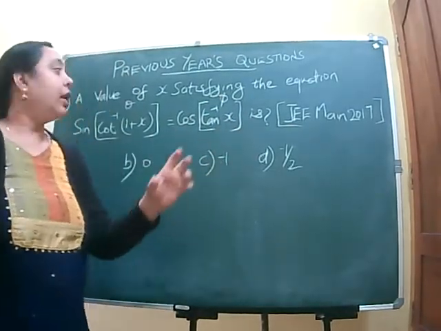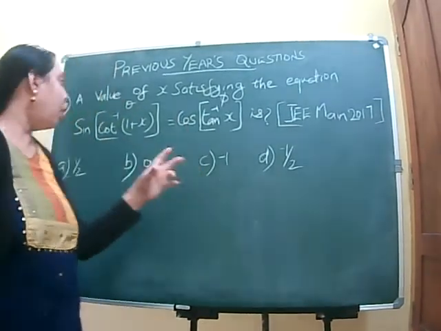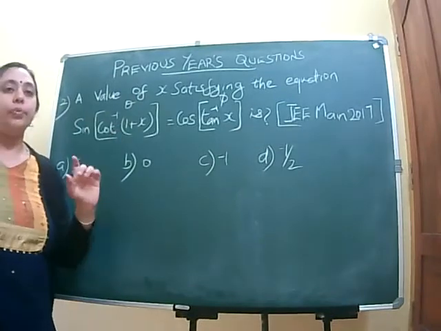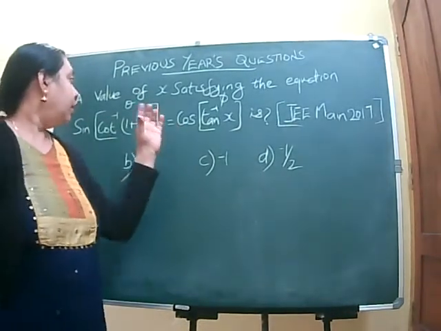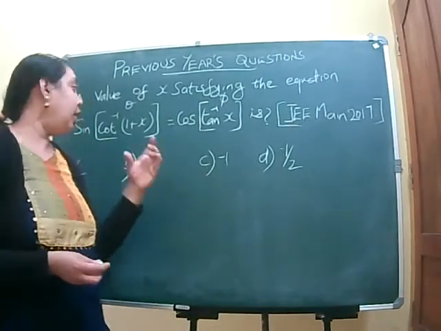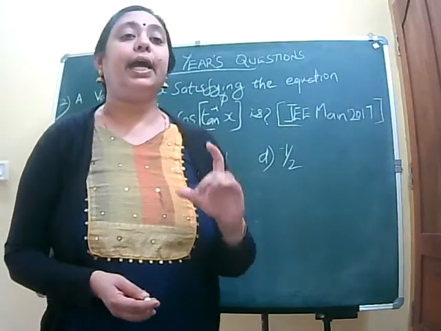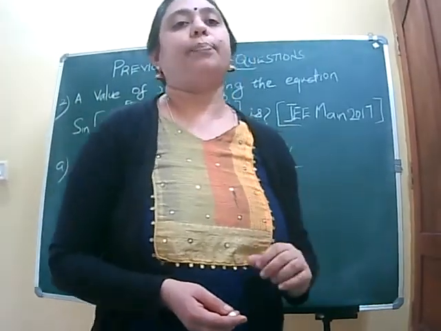Then, from the value of cot theta, find out the value of sin theta using a right angle triangle and Pythagoras theorem.